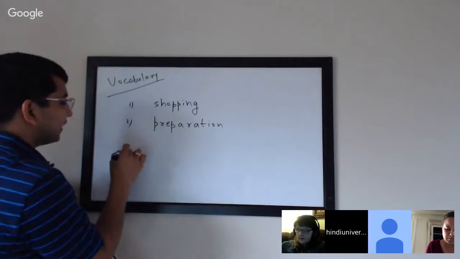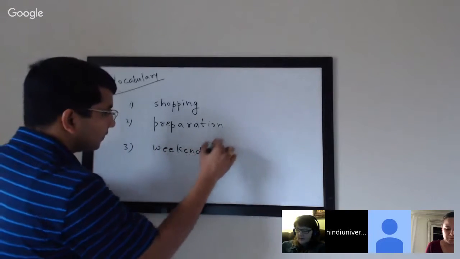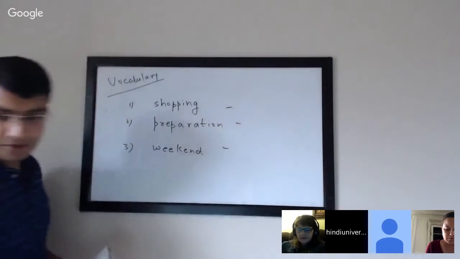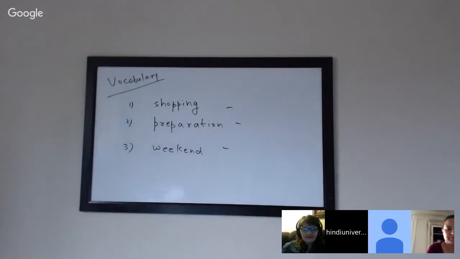And the third one I have is weekend. I'm going to give you an opportunity to see. For those of you who already know how to say these words in Hindi, feel free to take a step ahead and write it down.